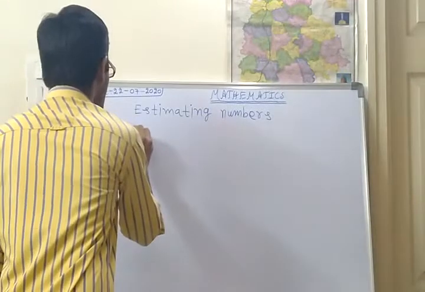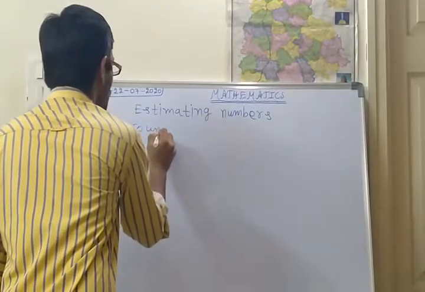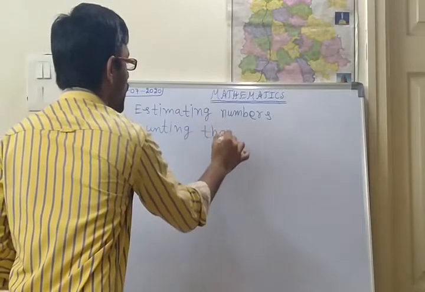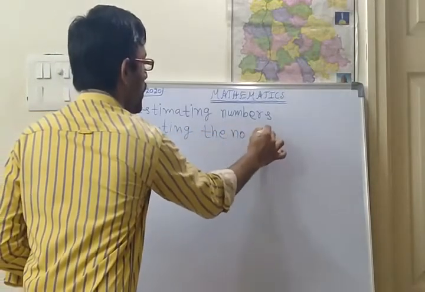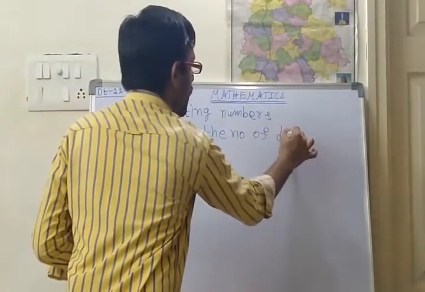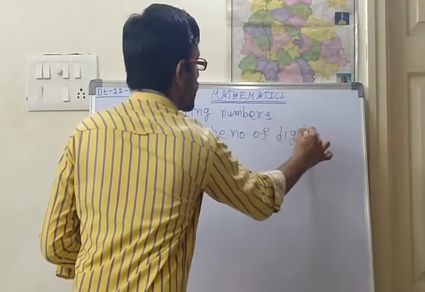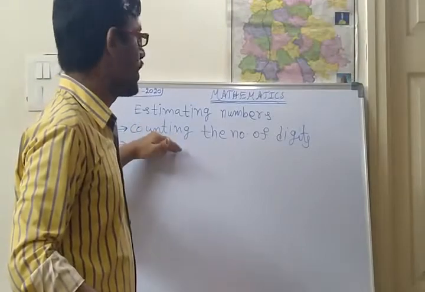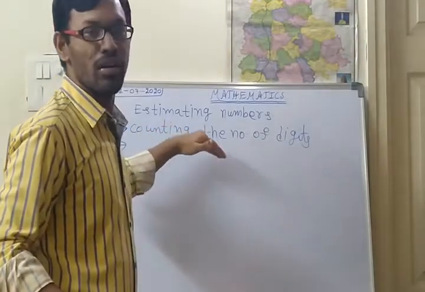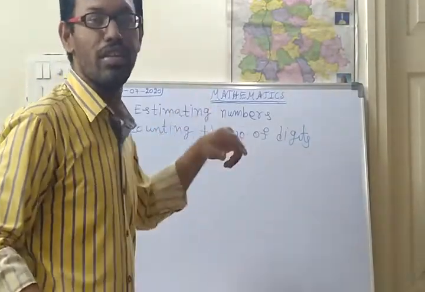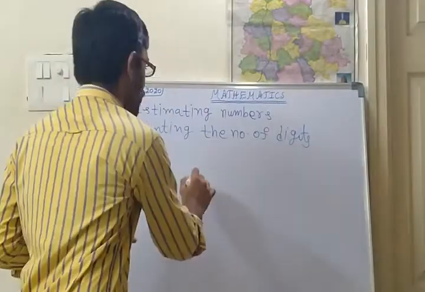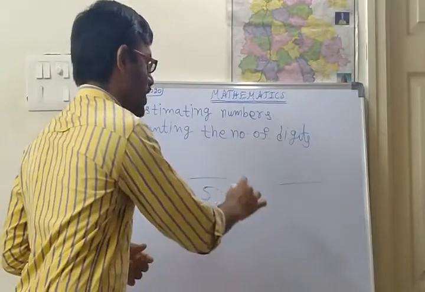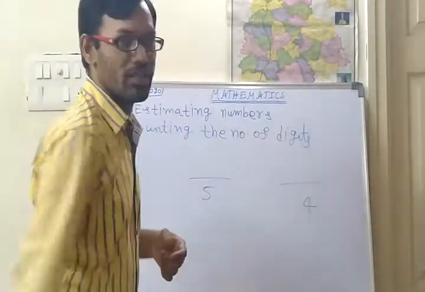The first one is the counting method: counting the number of digits. Suppose two numbers are there, in one number 5 digits are there, in the other 4 digits are there.